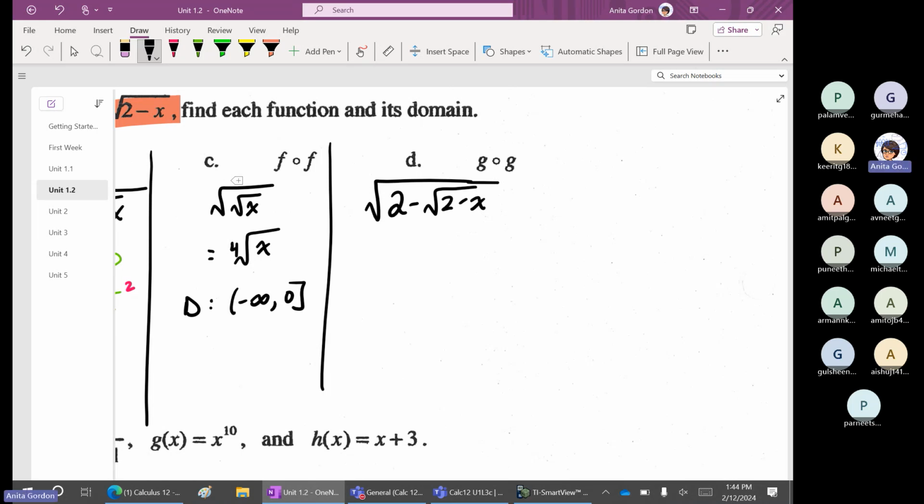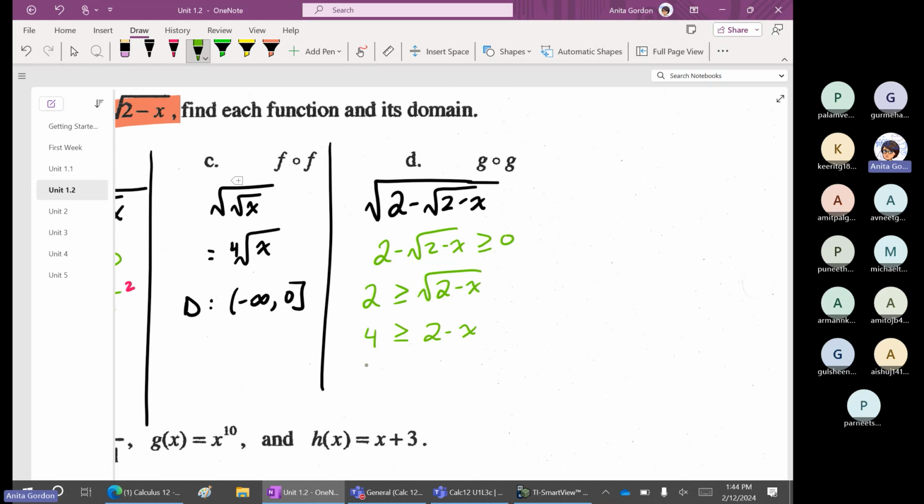Okay, so I'm going to do some inequality math again, right? 2 minus root 2 minus x must be greater than or equal to 0. Add stuff to both sides to move that over. Square it. What's my next move?